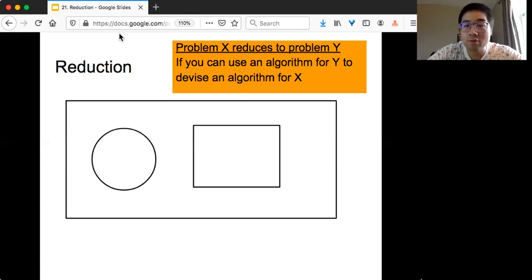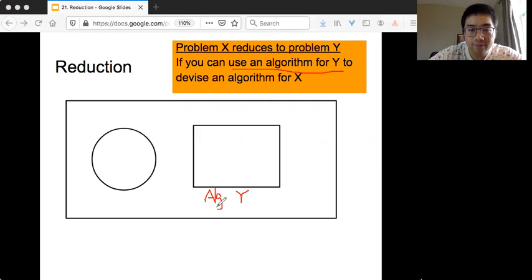In this example, I always try to draw something because I could never remember the direction for reduction. If you read the definition, what do we mean by use an algorithm for Y? Y is kind of like a black box, like an API or a library that you can use. So this is the algorithm for Y, okay?